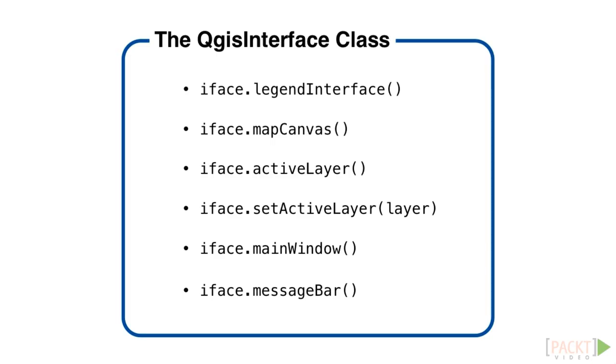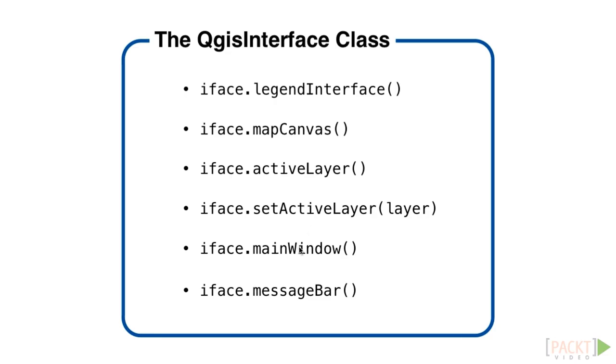Firstly, we can use the legend interface method to get a list of all the map layers which have been added to the map's legend. We can use iface.mapCanvas to get a reference to the map canvas displayed within the main application window. We can get the currently selected map layer by calling iface.activeLayer. We can also select a different map layer by calling iface.setActiveLayer.